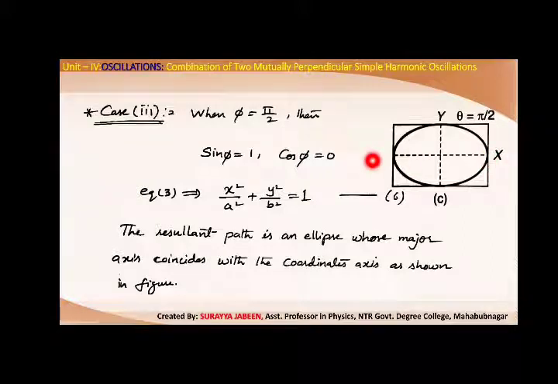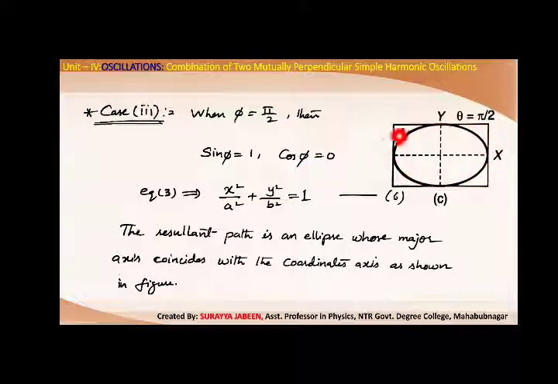So this is the major axis of the ellipse and this is the minor axis. This is the ellipse whose major axis coincides with the x-axis here and minor axis with the y-axis here. So the resultant path is an ellipse. This is for case 3, when phi equal to pi by 2. We are getting an ellipse.